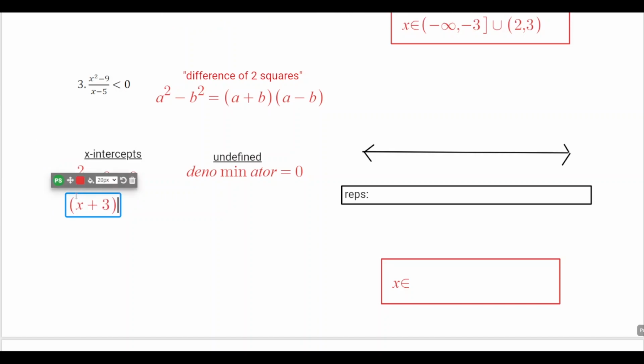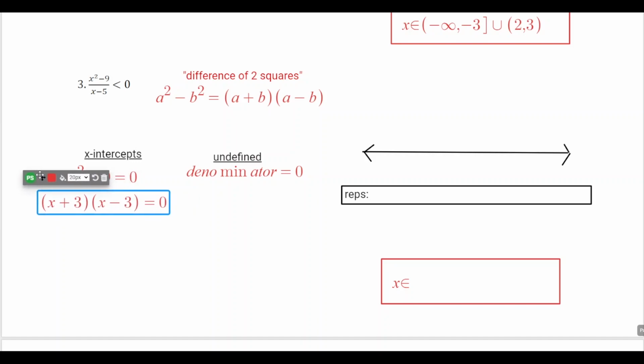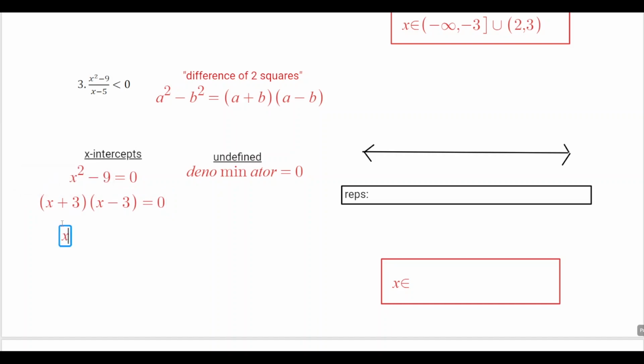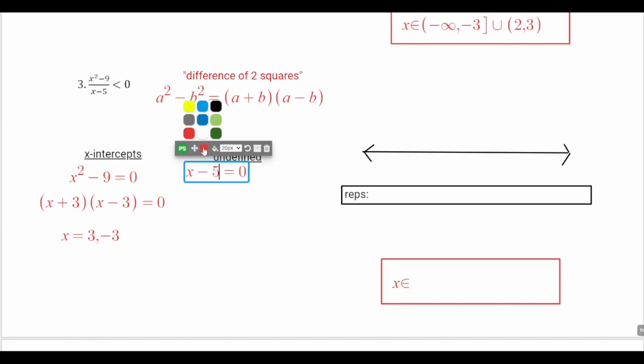So we got x plus 3 times x minus 3. So the x-intercepts are going to be at positive 3 and negative 3. The denominator is just a linear expression here, so this one will be pretty easy to solve. All we have to do is add 5 to both sides, and so I'll get just x equals 5.